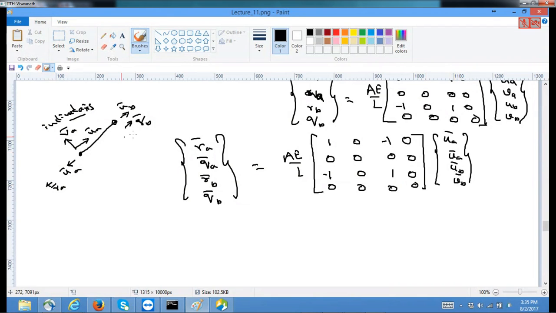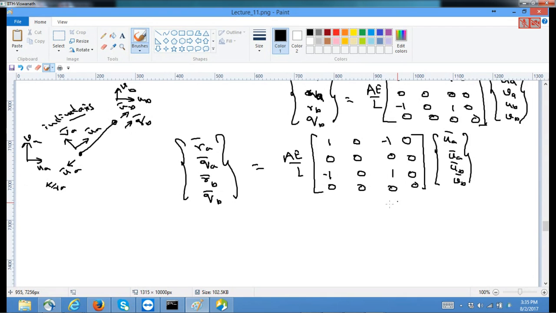But I know that I don't have my degrees of freedom in this system when I'm solving the rest of the structure. I have my system in terms of UA and VA, and I want to know in the global coordinate system what UB and VB are.